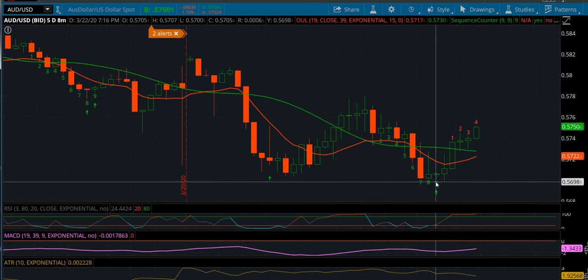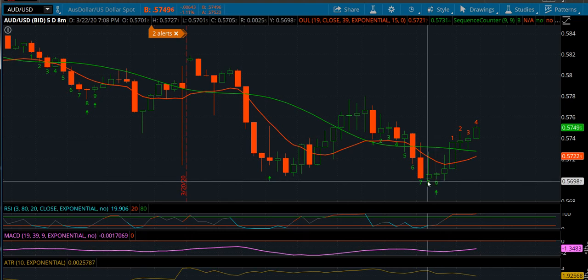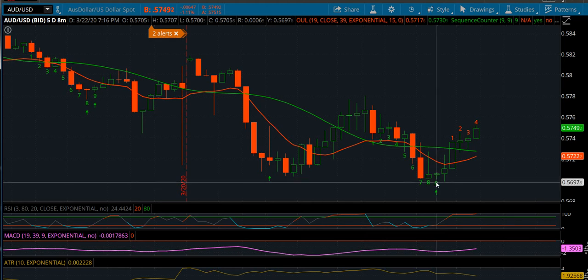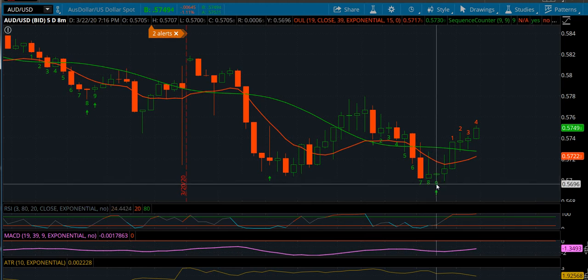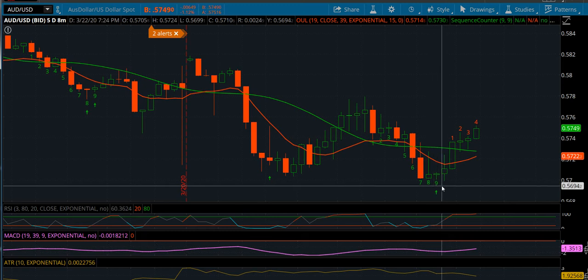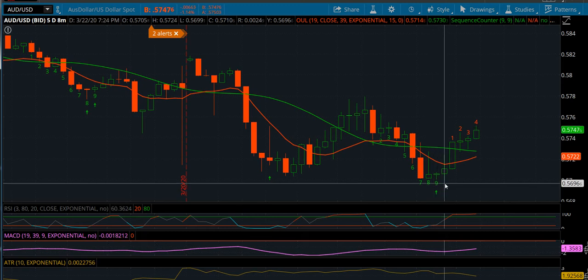Okay? The low of this 9 is 5700. So the low of this 9 was lower than the 8. That's a good thing. But then here comes the 10 bar, and it made a lower low. Perfect. That's what you want to see.